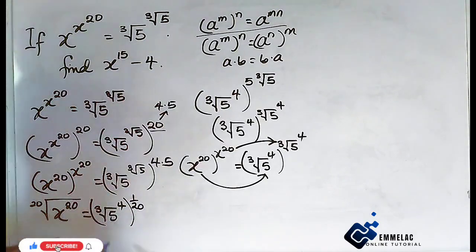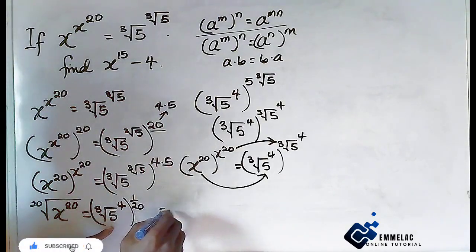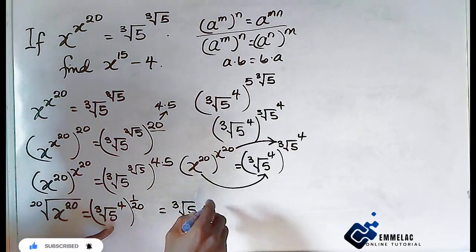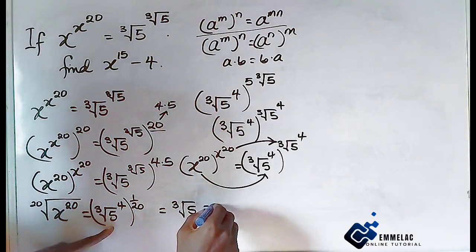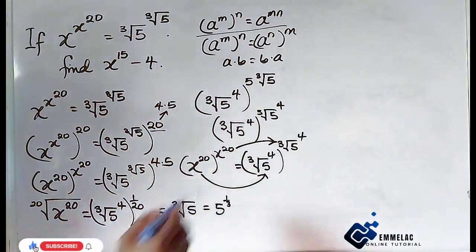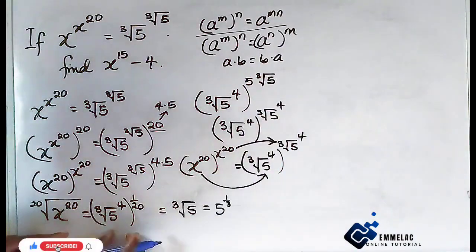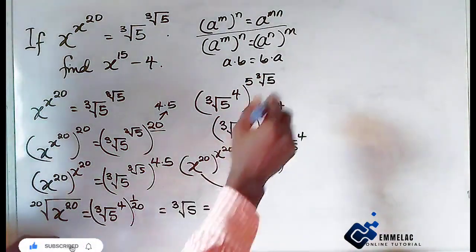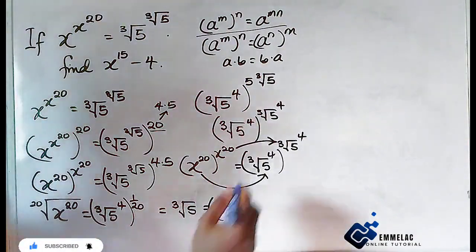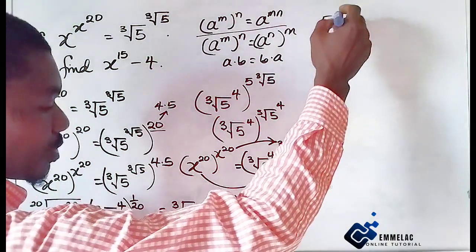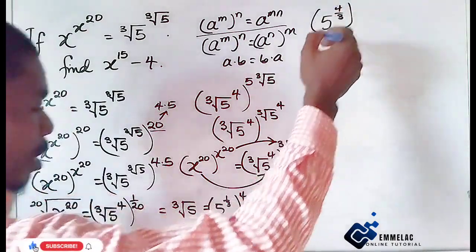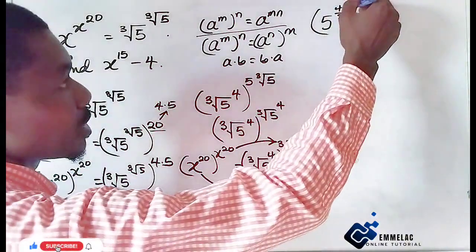Take note that the cube root of 5 is the same thing as 5 raised to the power of 1 over 3. In the same vein, this whole structure, with the 4, is the same thing as 5 raised to the power of 4 over 3, all raised to the power of 1 over 20.